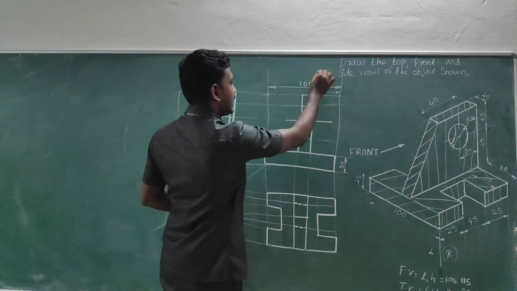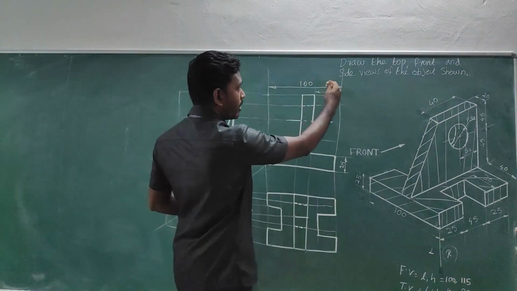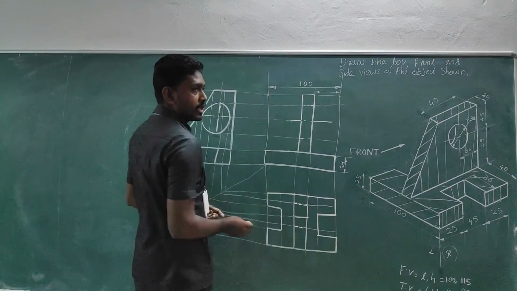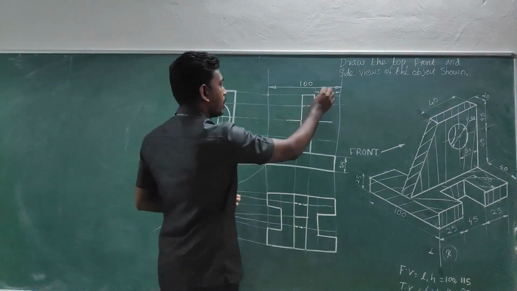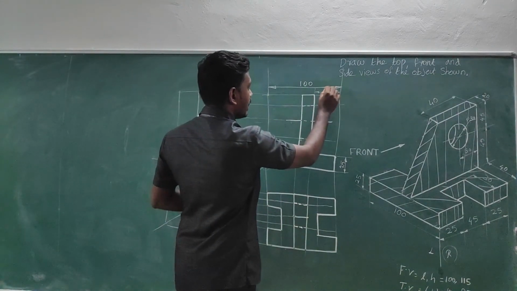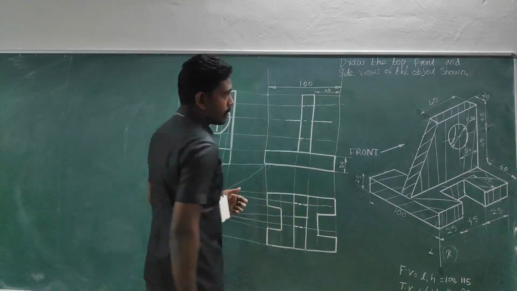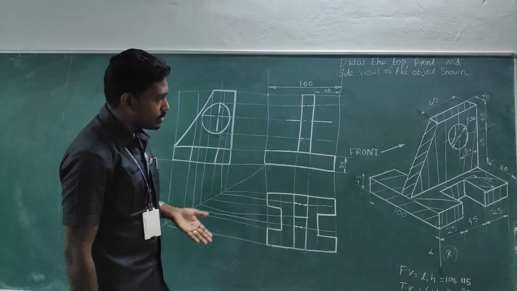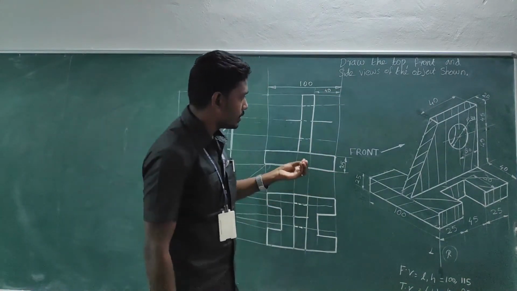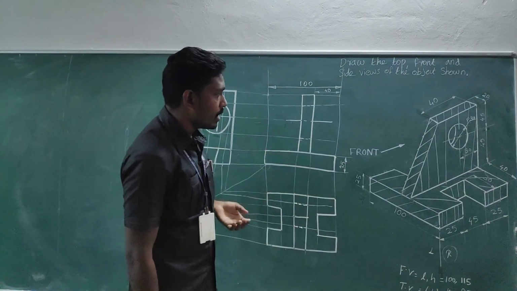From this end I have extended it. Since it is a smaller dimension, I am putting it inside the bigger one. Okay, so here I am going to write 40, right?